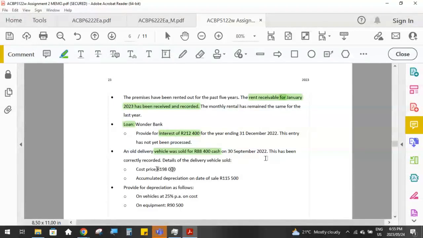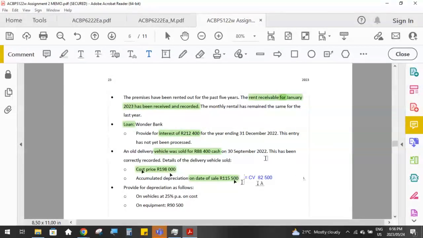Details of the vehicle sold. It had a cost price of 198,000 and accumulated depreciation on date of sale. So remember, cost minus accumulated depreciation will give us our carrying value. 198,000 minus 115,500.